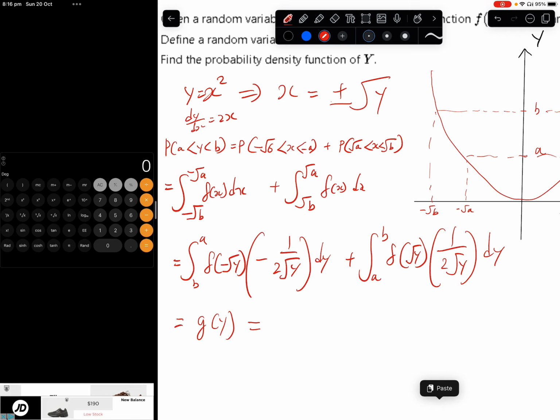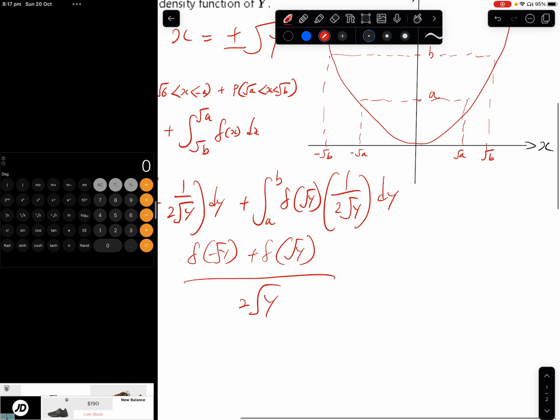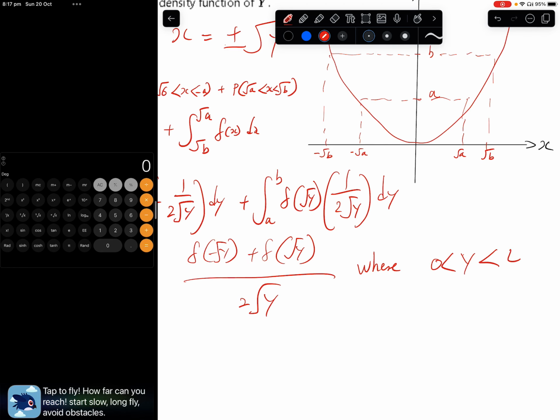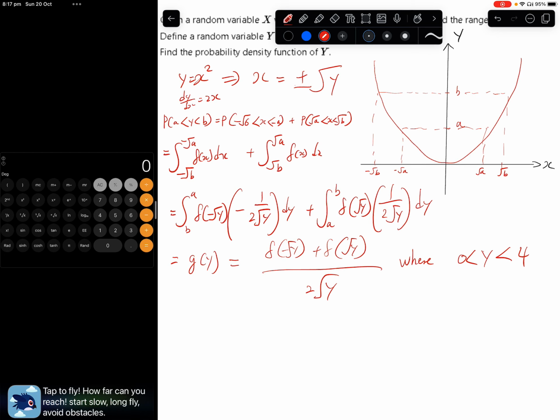So we can write it where y is between 0 and 4. Okay, that should be done.